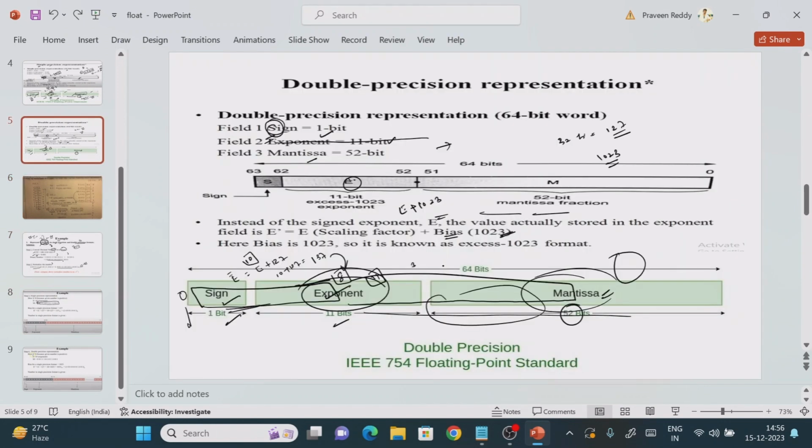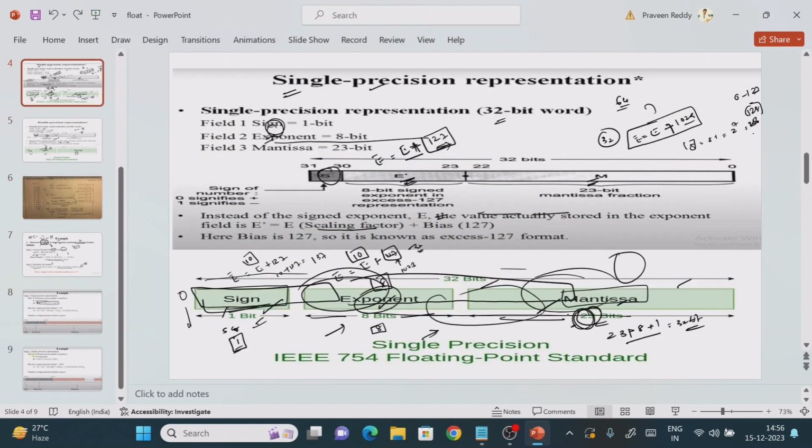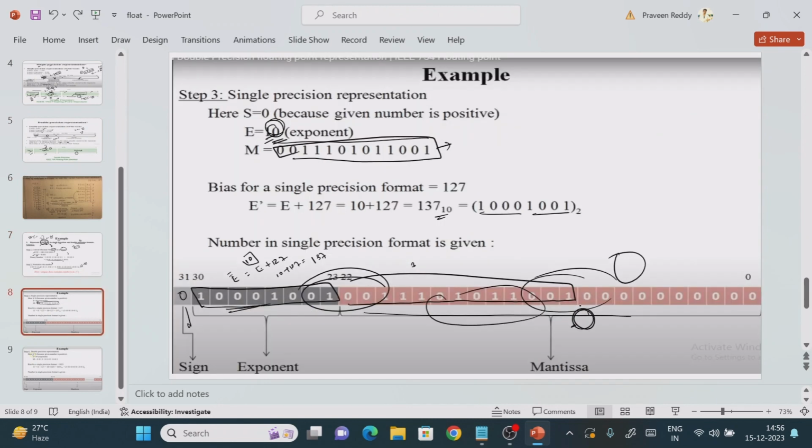We don't have the 23 bits, so we just write this number as it is, and after that, since we don't have any more numbers, we write 0 0 0 0 like this.